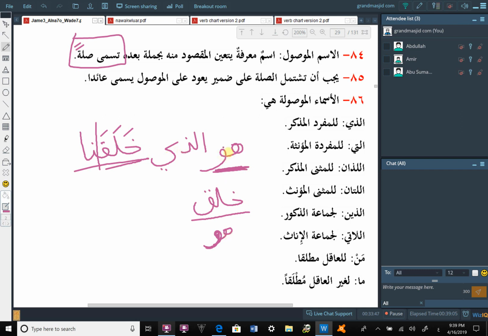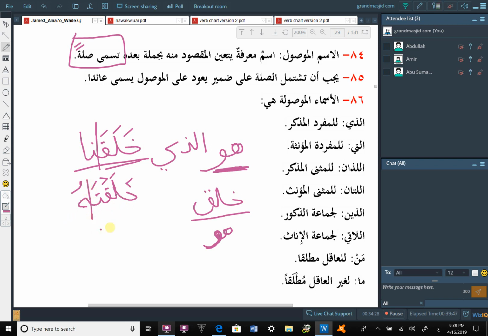Because we can't, for instance, say he is the one who, there we go, let's just do it like that. Khalaqtahu means you created him.